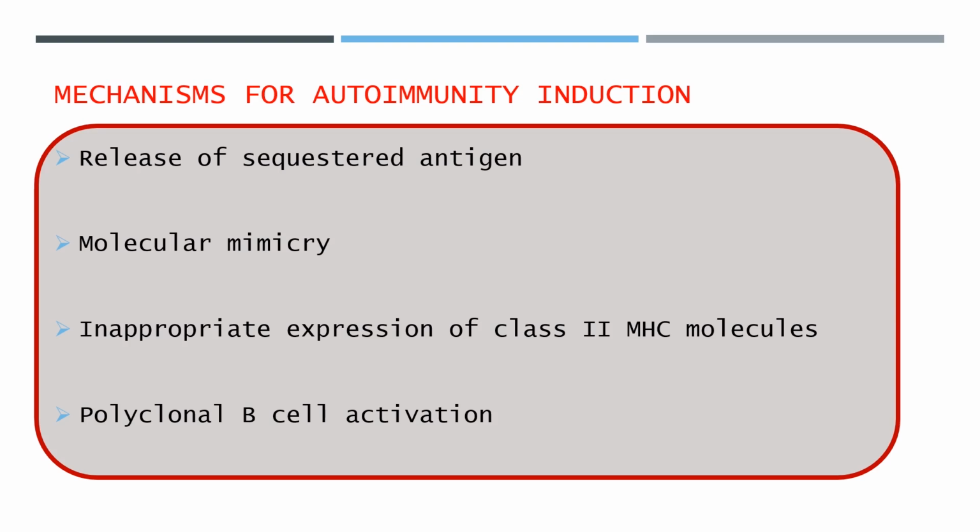The third mechanism that has been indicated for autoimmune induction is the inappropriate expression of class 2 MHC molecules on normal organs. Usually, class 2 MHC molecules, that's major histocompatibility complex molecules, are expressed on antigen presenting cells. Those are the macrophages, dendritic cells, and B cells.